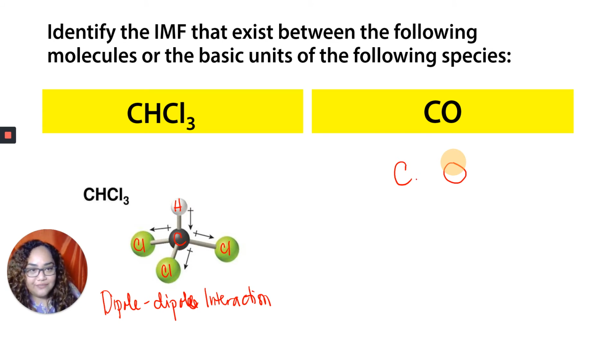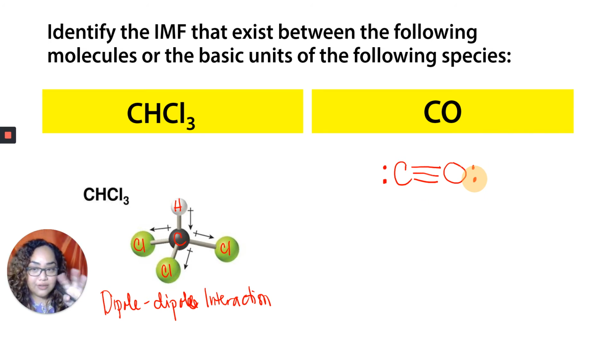So you would donate 1 pair to oxygen so that it would be happy, but then carbon will still lack 4. So you would donate 2 more. So if you look at that, you would have a lone pair here, and then oxygen will also have a lone pair here. So oxygen would be happy, so 2, 4, 6, 8, and then carbon will also be happy.